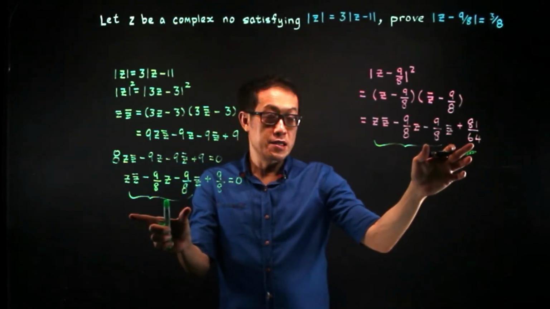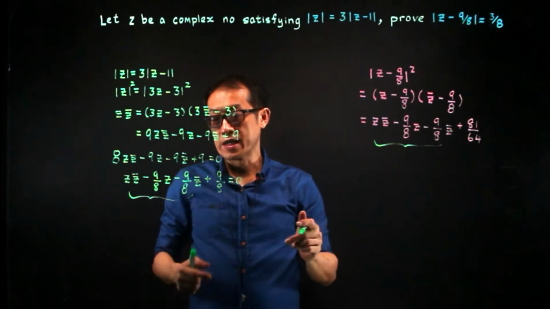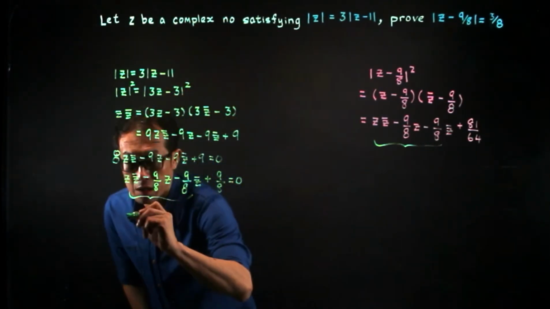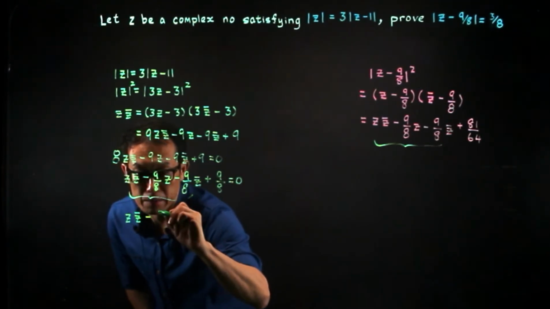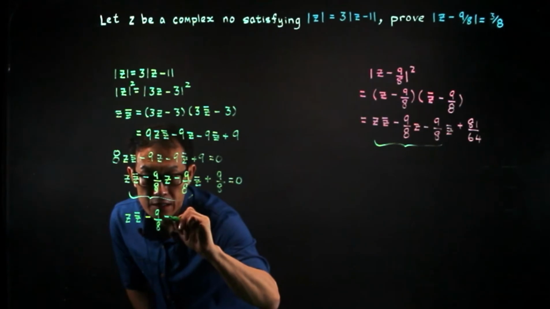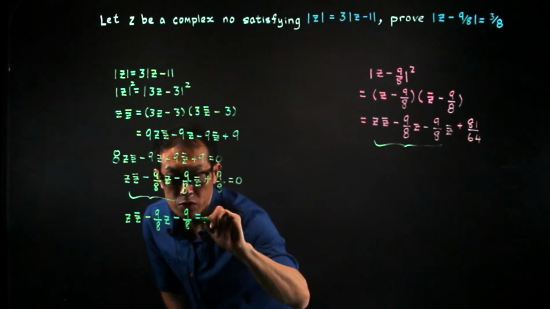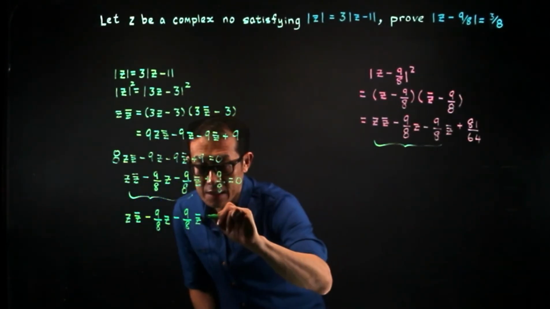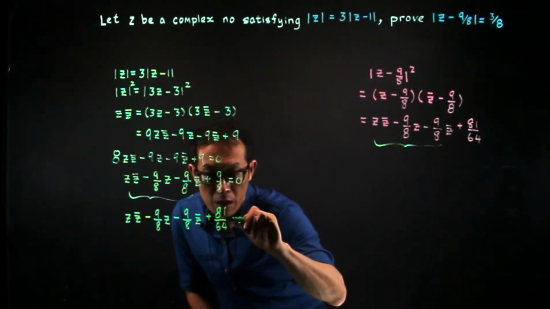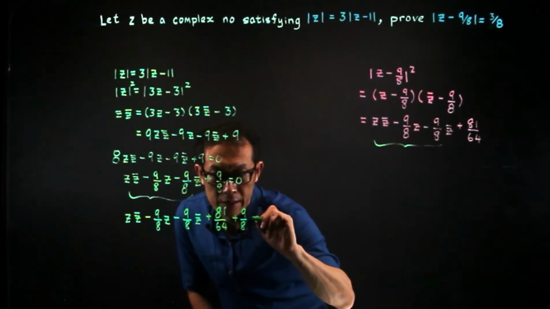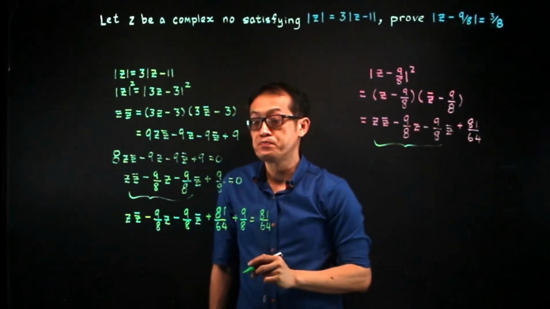Now, I add 81 over 64 on both sides of the equation. So I have Z times Z conjugate minus 9 over 8 Z minus 9 over 8 conjugate Z plus 81 over 64, plus 9 over 8 equals to 81 over 64.